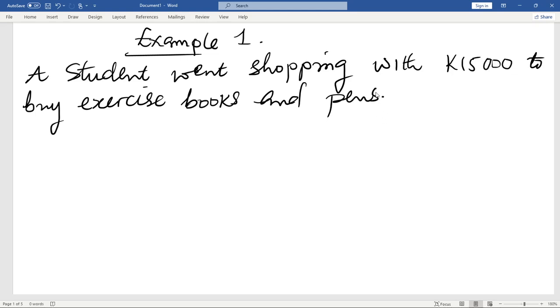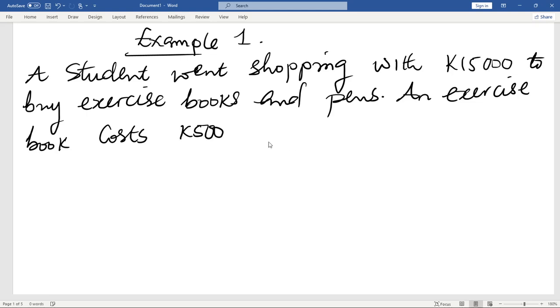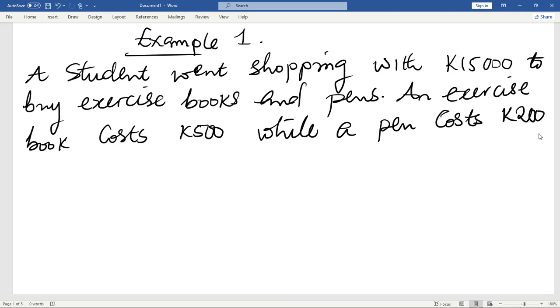So I try to say an exercise book costs around 500 kwacha, while a pen costs 200 kwacha.